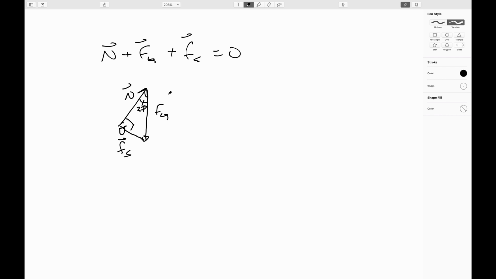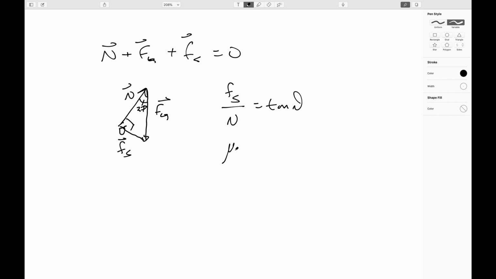So you can go ahead and just do the trig directly off of this if you prefer. We can say that Fs, the ratio of Fs to n, has to be the tangent of the angle, in this case 37 degrees, because this is the opposite and that's the adjacent.